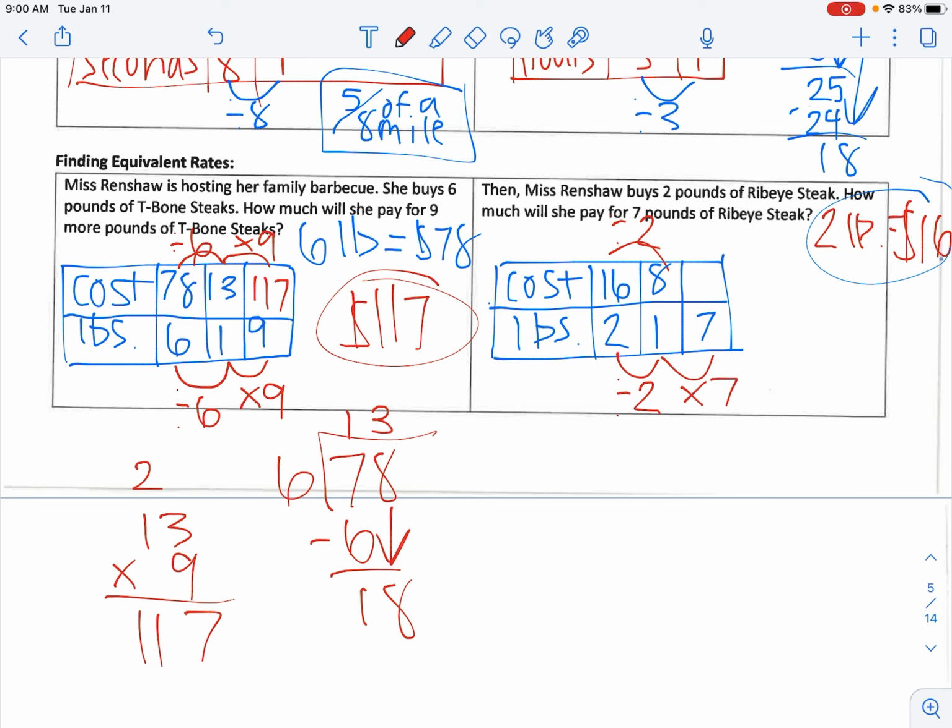So you're basically dividing to get to your unit rate and then multiplying by whatever you need to, because you're at 1 already. So then on top, we have to do times 7. So we have 8 times 7, which is 56. So that means it costs $56 for 7 pounds of ribeye steak.